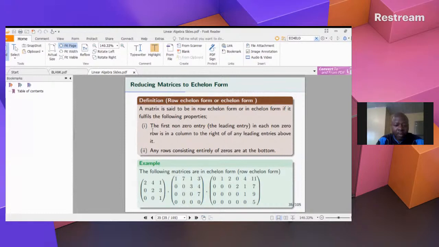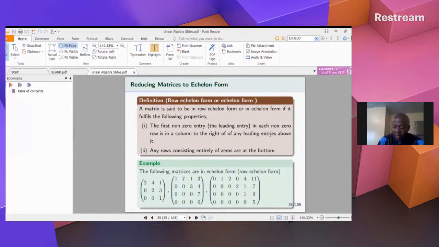The first property is that the first non-zero entry, which we shall call the leading entry in each non-zero row, is in a column to the left of any other leading entries that are below it.